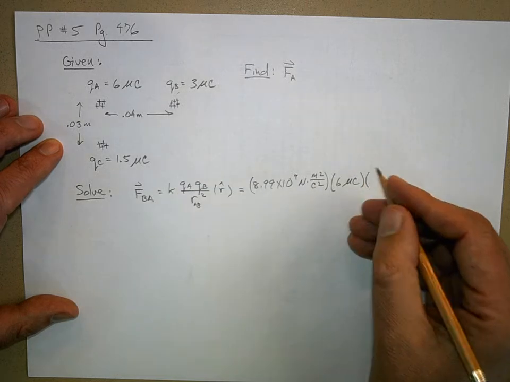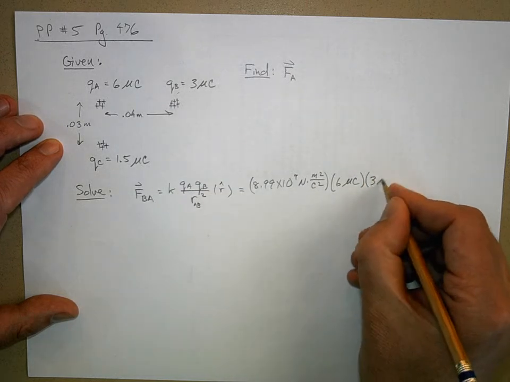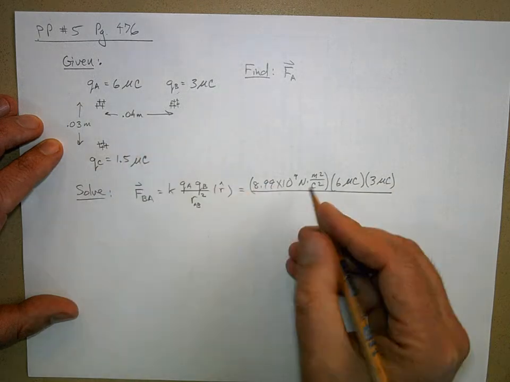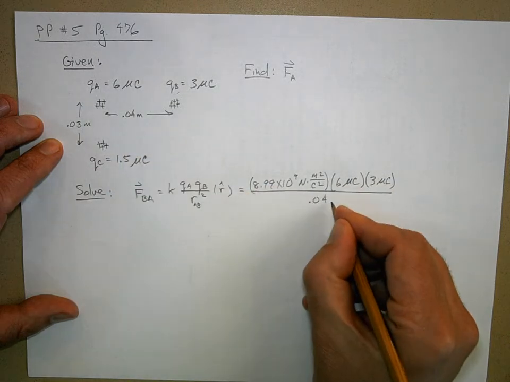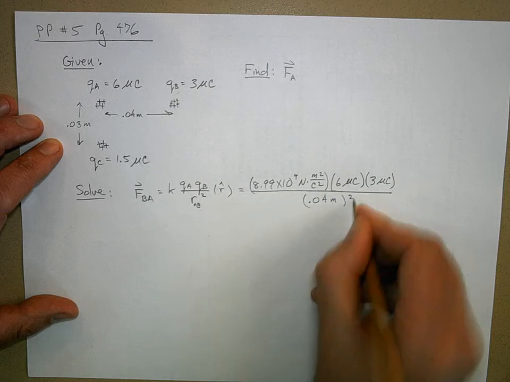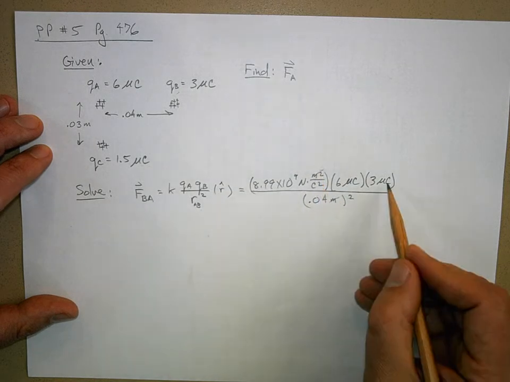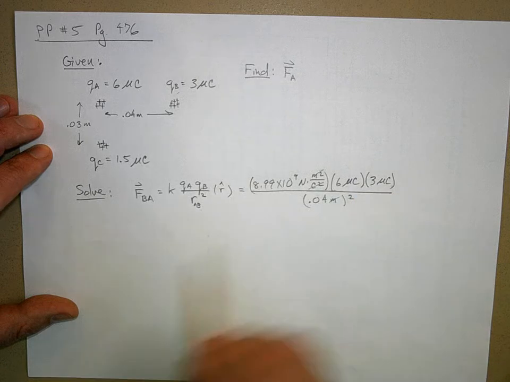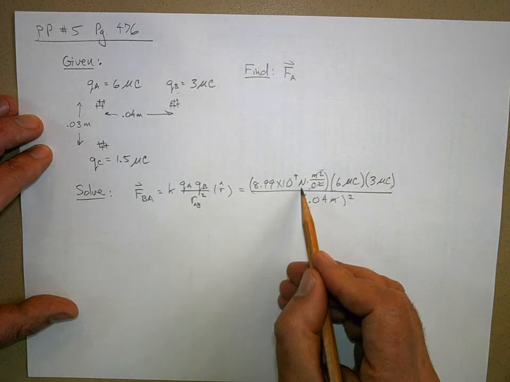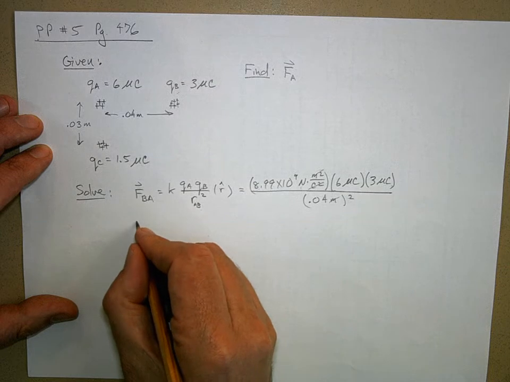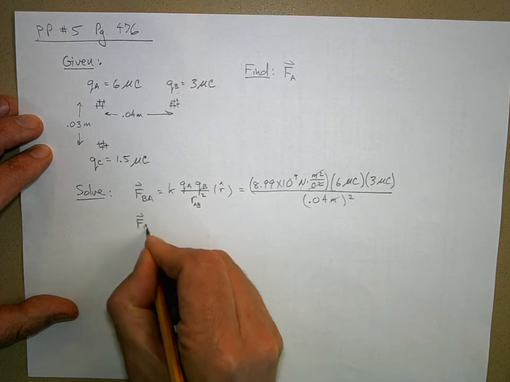This is going to be 3 microcoulombs over r squared, which is 0.04 meters squared. So the square meters cancels the square meters there. The coulomb squared cancels the coulomb squared there. You have newtons, which is what I want my force to be.